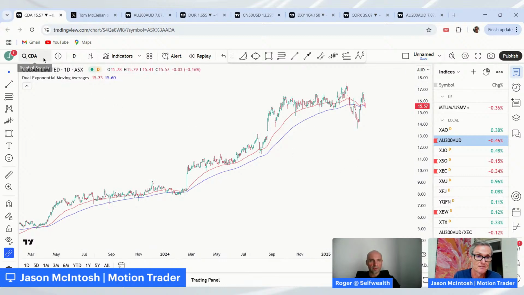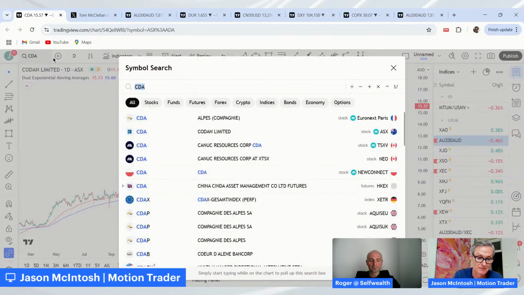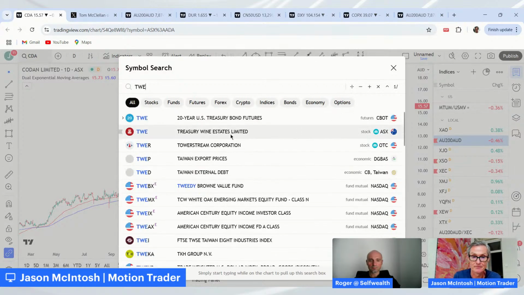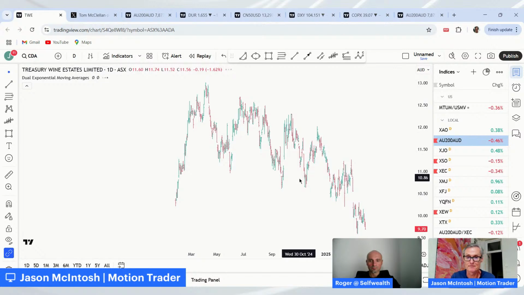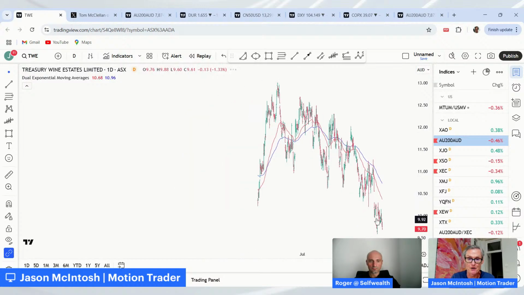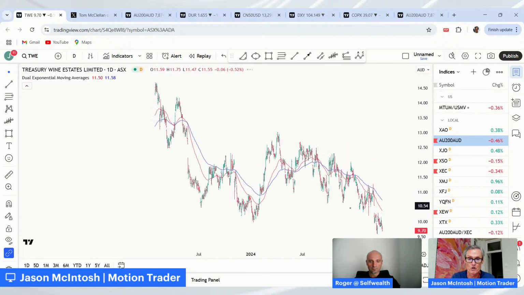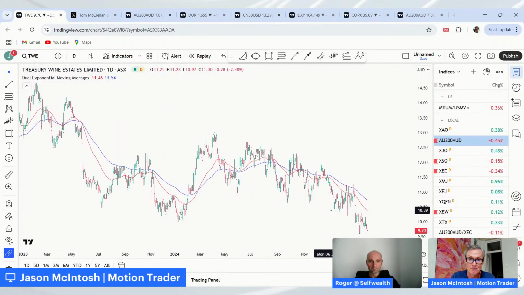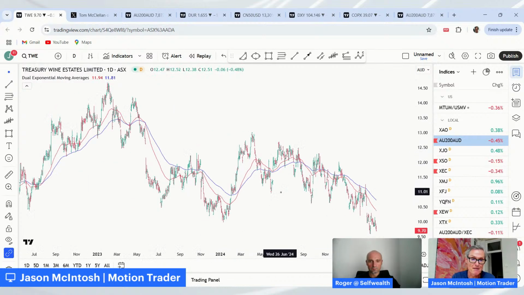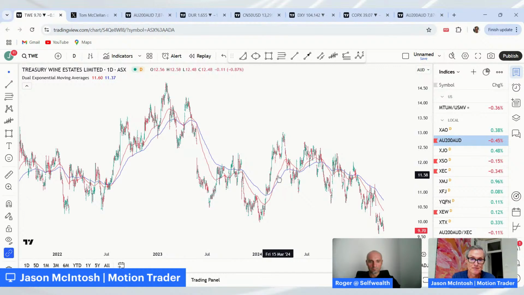All right. Next one is TWE. Look at this trend. This just continues to deteriorate. This is a situation which I want to avoid being in. There were signs that maybe this was starting to turn higher, like early last year, but then it quickly started to fail.